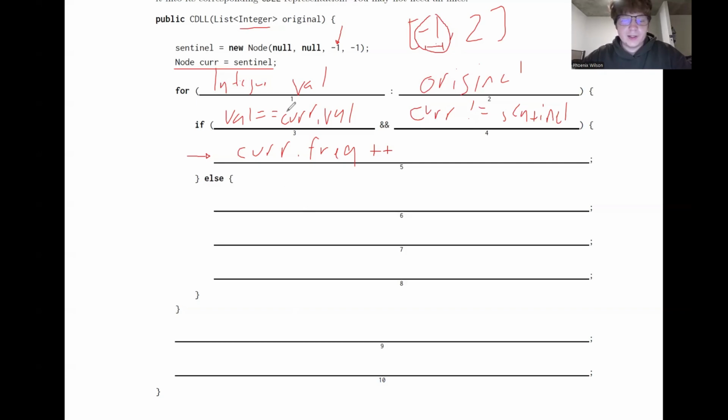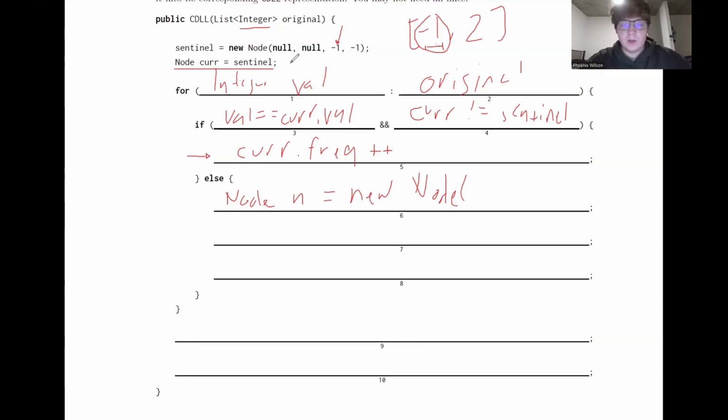Okay, cool. Now, the other side of the coin, when we were iterating through the list in our example earlier, was the case where the current value is not equal to the value that we are at in the list. In that case, we have to make a new node. So maybe we make a node n. It's going to be equal to a new node. And the arguments we pass in are going to be the previous pointer.